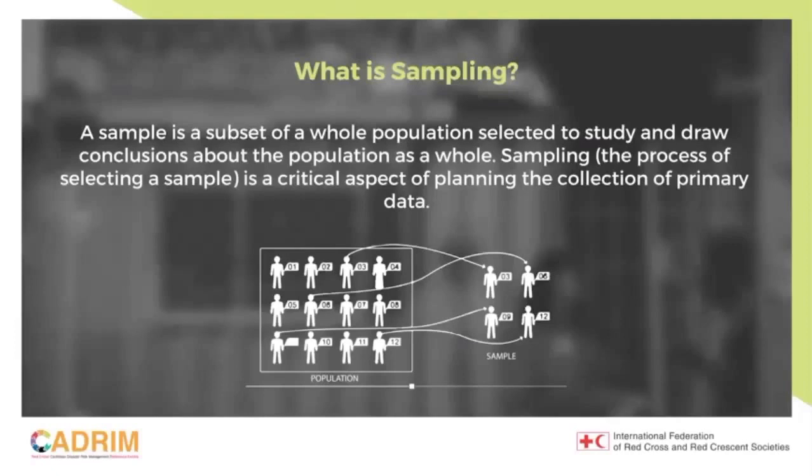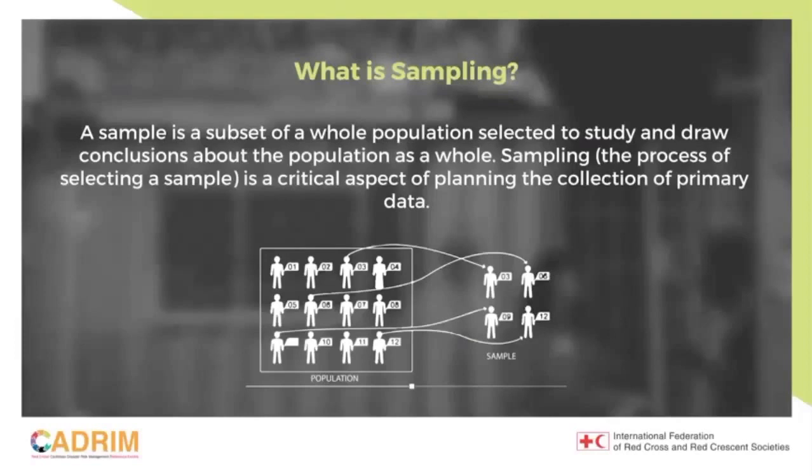The process of sampling is very critical when we are planning the collection of primary data, because if we select the correct sampling method and we follow all the instructions of the methodology to select the sample, we are going to ensure the quality of the data.